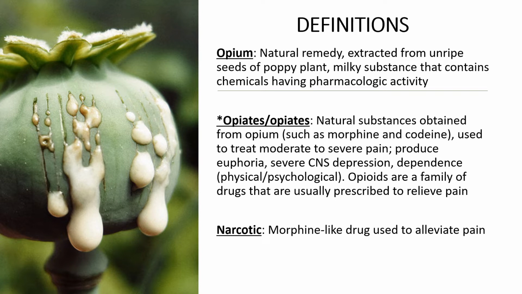And then for moderate to severe pain, we would consider using an opioid to treat the pain. Okay? So remember them as a group though. They're all going to have very similar side effects and nursing considerations.